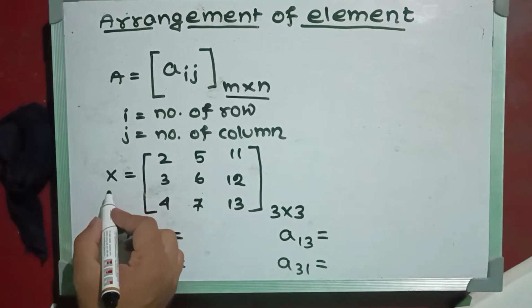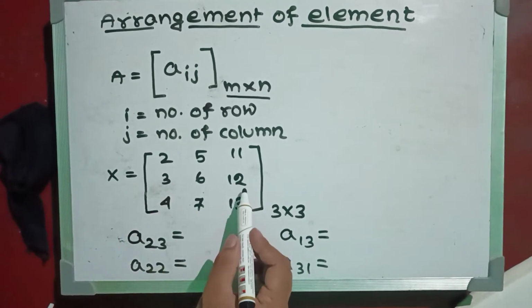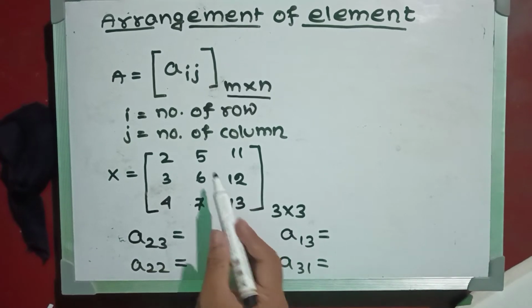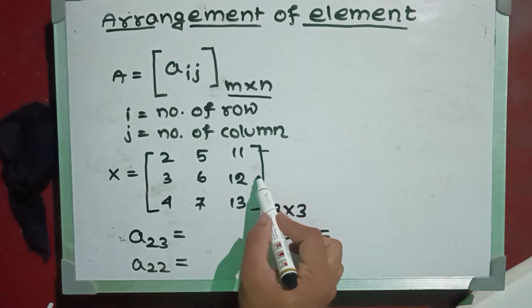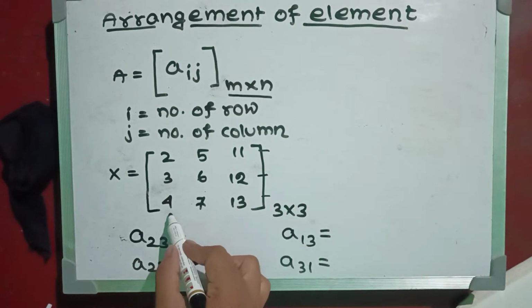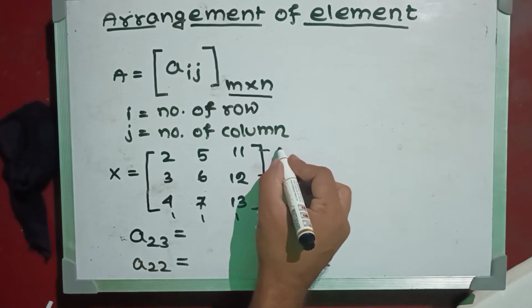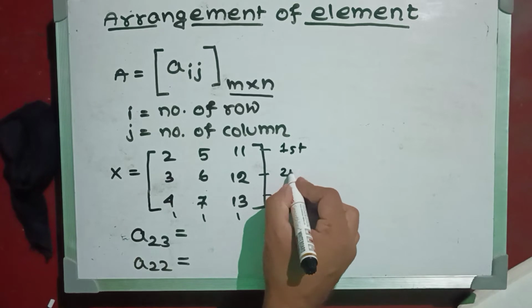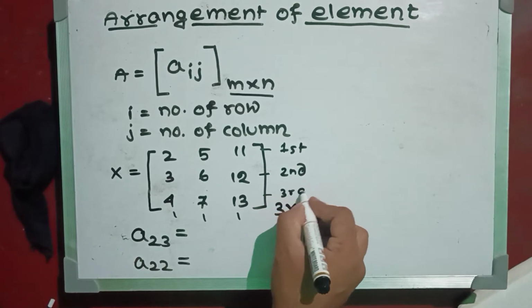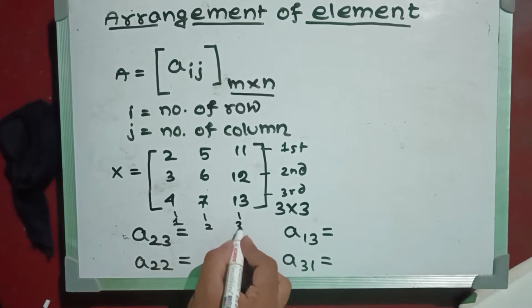Here I have shown a matrix X, which is 2, 5, 11, 3, 6, 12, 4, 7, 13. As you can see, there are 3 rows and 3 columns, first row, second row, third row, and similarly first, second, third column.